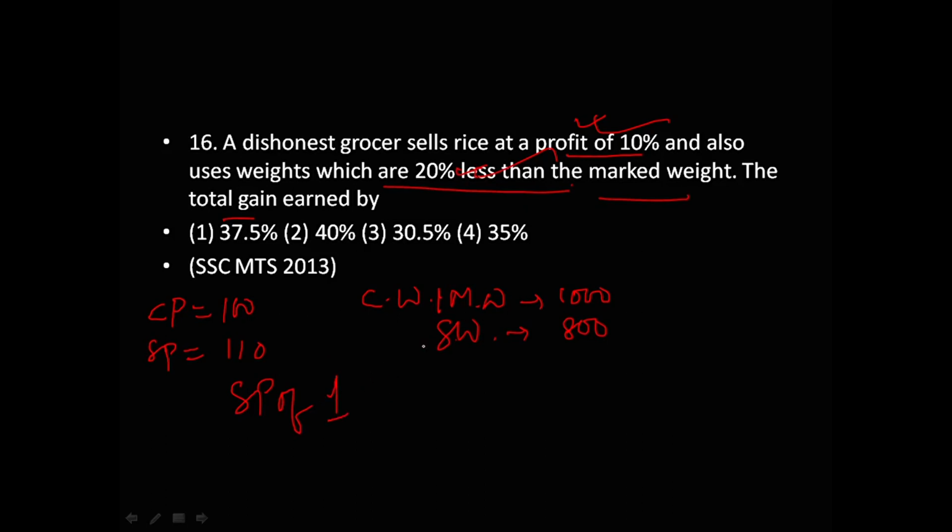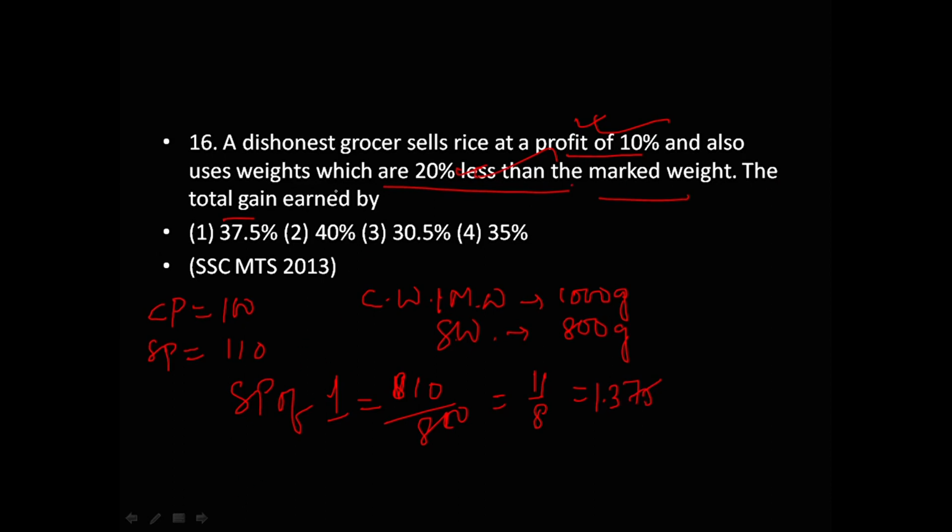If it's 1000 grams, the grocer is selling 800 grams. So SP of 1 equals 110 divided by 800, which means 11 by 8, so it's 1.375. Fine.